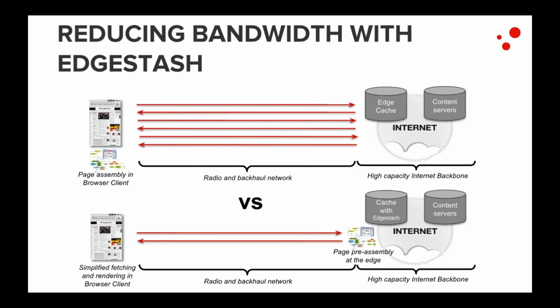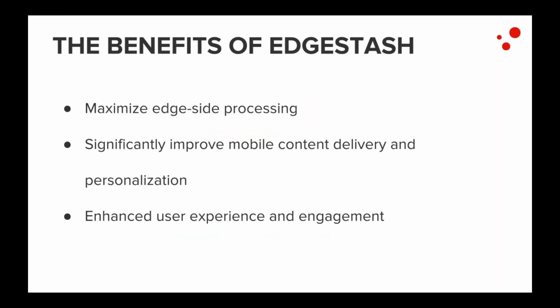While if you do have Edgestash at the edge of your architecture with Varnish Plus in place doing caching as well, we simply pre-assemble everything at the edge, and in a single round trip, we're able to give the final user the page she or he has requested. This obviously reduces the number of round trips and the bandwidth needed to render a page. And again, it allows you to give a better user experience and more engagement.